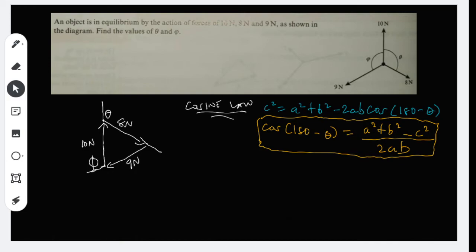As you can see in the problem, the theta is between 10 Newton and 8 Newton.